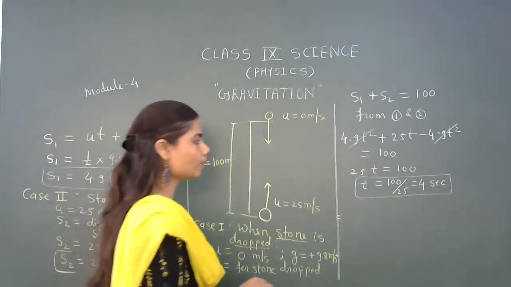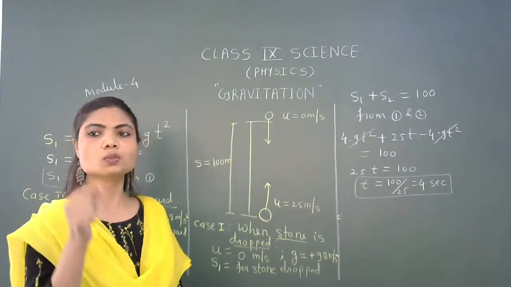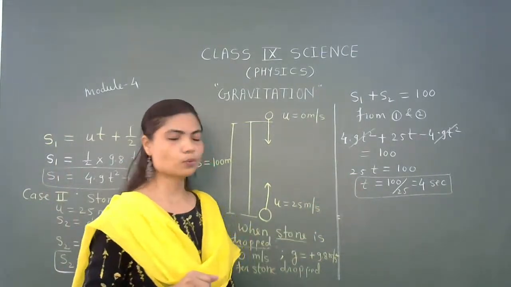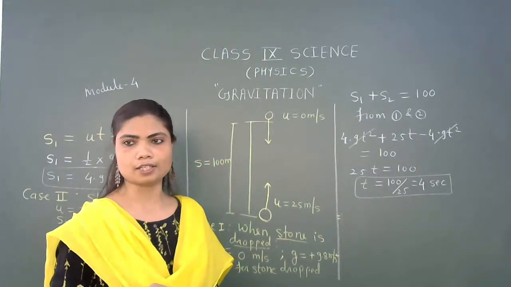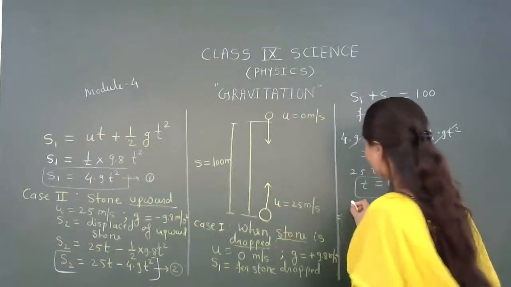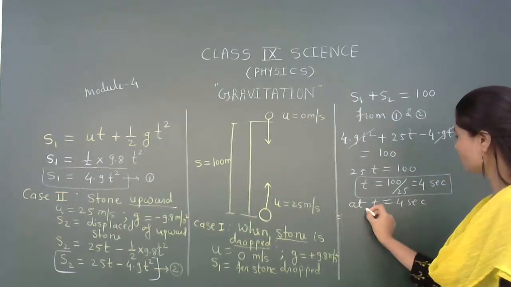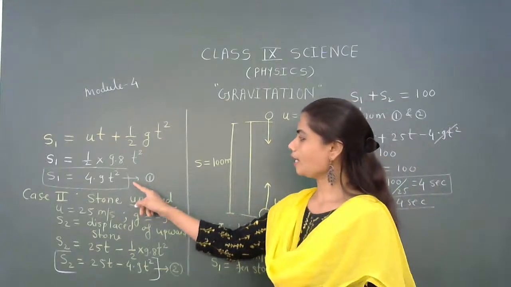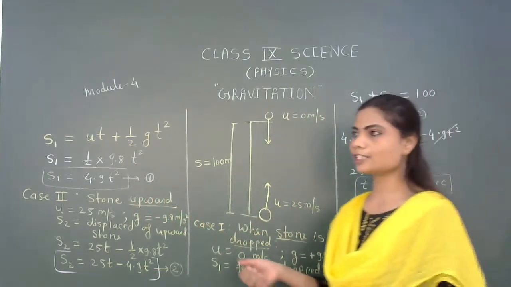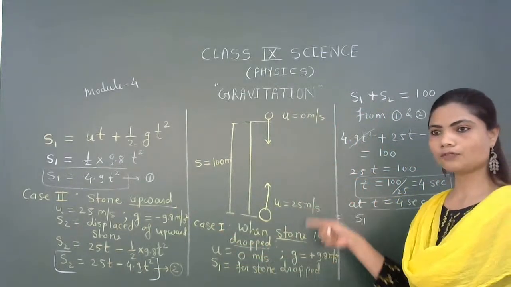Now we have to calculate two terms, when and where. So when, we have understood, is at time equal to 4 seconds, and where we have to calculate. Now using time t equal to 4 seconds, using equation 1, what will be the value of S1? S1 is the displacement covered by the stone which is dropped, which is falling down.